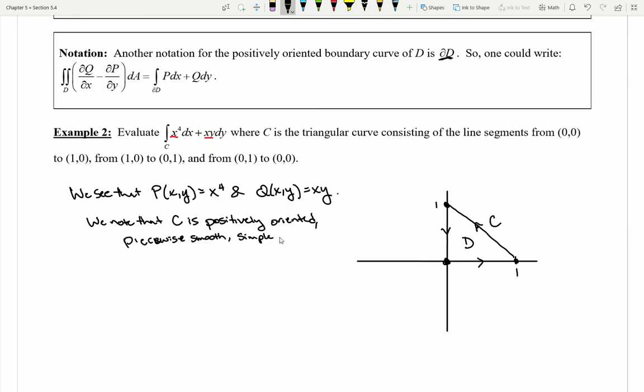It is simple, and it is closed. So it checks off all those particular boxes. I also can check here that definitely P and Q, since they're both polynomial functions of two variables, are definitely going to have continuous first-order partials.